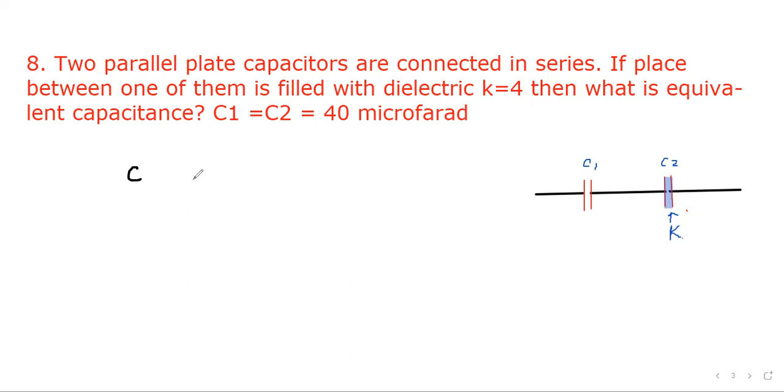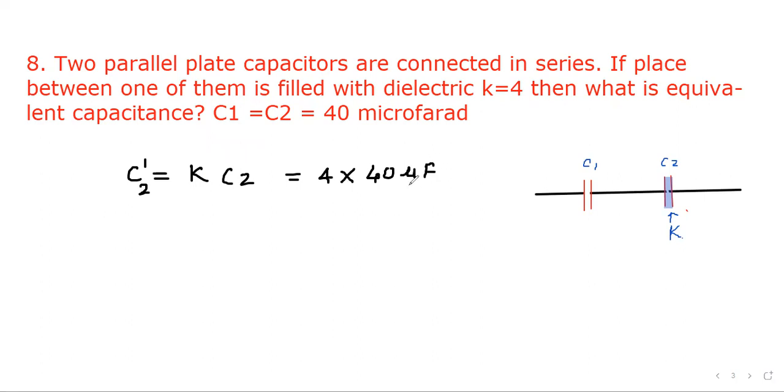We know that capacitance increases K times when a dielectric is filled between the plates. So C2 dash will be equal to K times C2, that is, 4 times 40 microfarad.